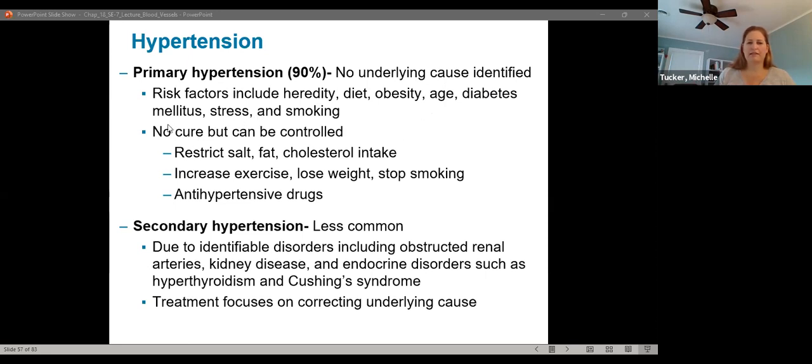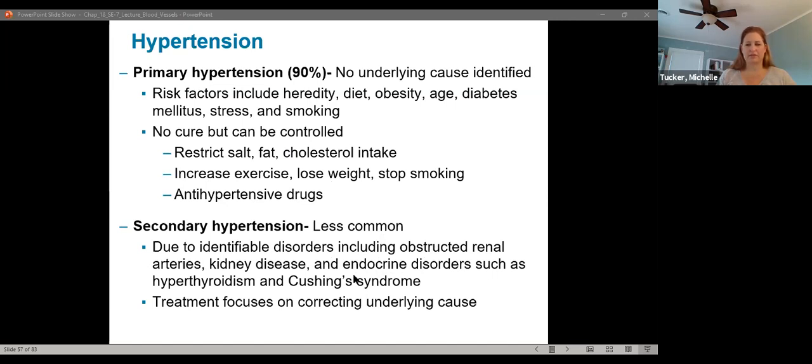No cure, and I kind of disagree with this too, because if you correct these factors back to what are considered normal values, many people are no longer hypertensive. Okay, but if they are, then there are antihypertensive drugs. Secondary hypertension is less common, and it says it's due to identifiable disorders, such as problems with the renal arteries, kidney disease, endocrine disorders.